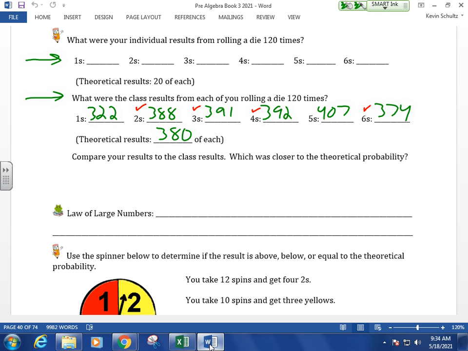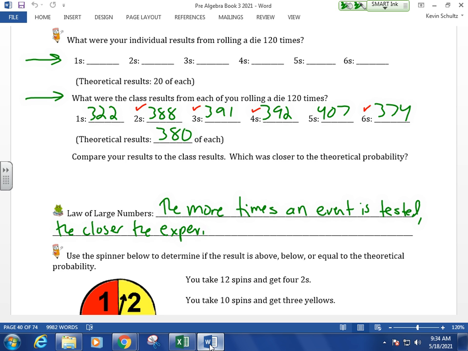And as I said, that's because of what's called the law of large numbers. And the law of large numbers is this. The more times an event is tested, the closer the experimental probability is to the theoretical probability. Look how good my handwriting is here.